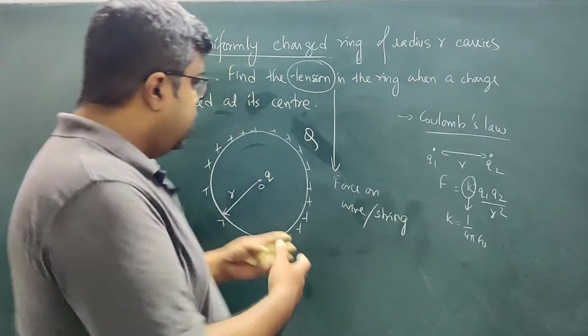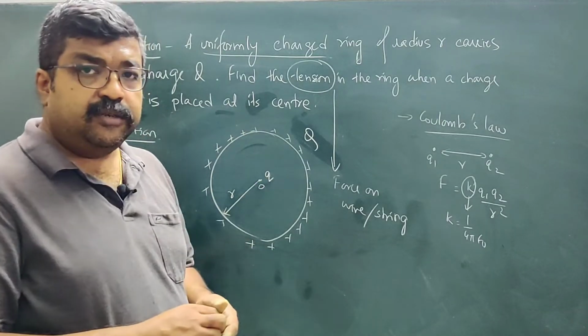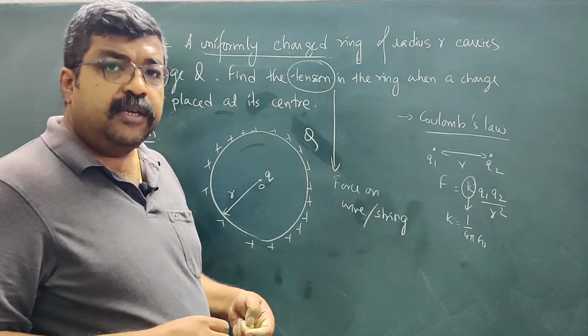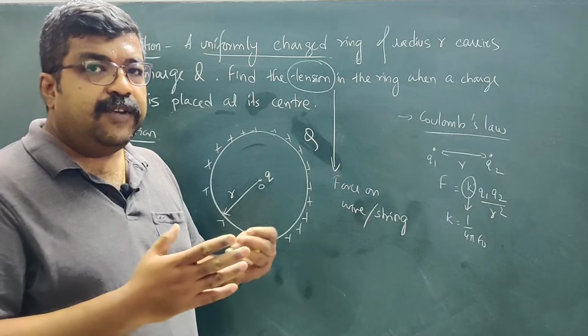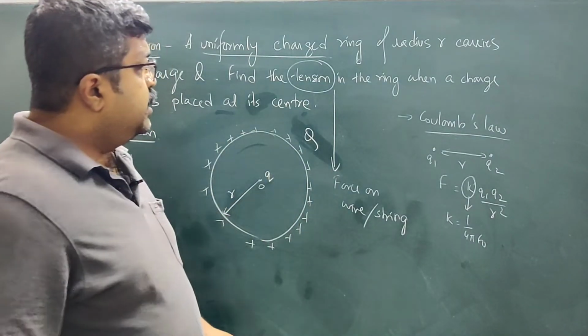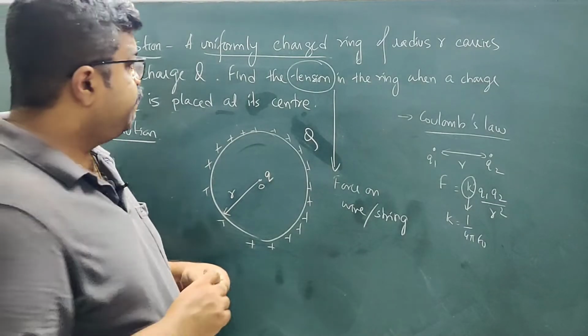But in this case we have an extended body. One charge is a point charge, that is understood, but this ring is not a point body. This ring has a definite shape and size, and definitely we are not going to ignore the size of the ring. So how to find the tension?